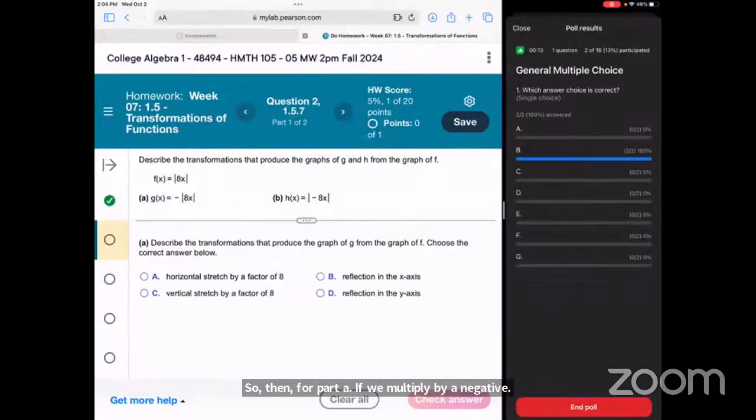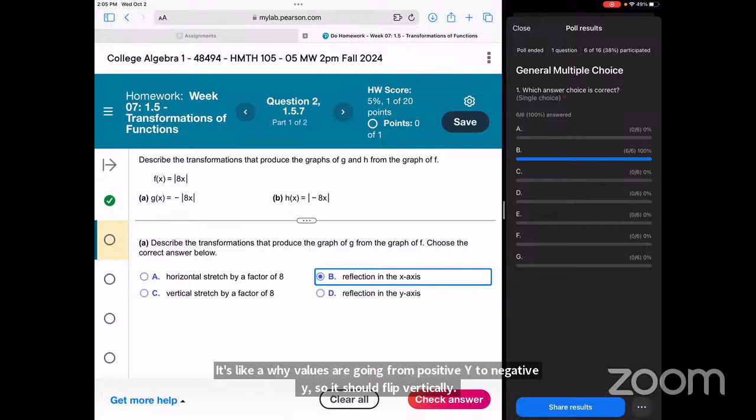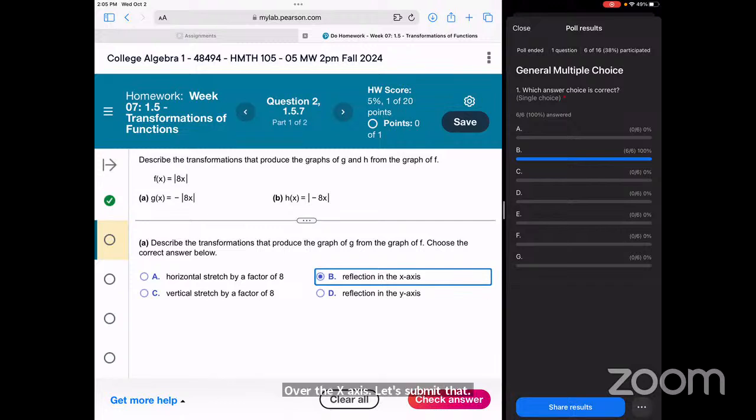Is it going to cause a horizontal stretch by a factor of 8, reflect across the x-axis, cause a vertical stretch by a factor of 8, or reflect across the y-axis? Okay. So I'm going to go with my results. All right. So you guys are looking good. I agree with the majority here. So outside manipulation should cause a vertical change. It's like our y values are going from positive y to negative y, so it should flip vertically over the x-axis. Let's submit that.